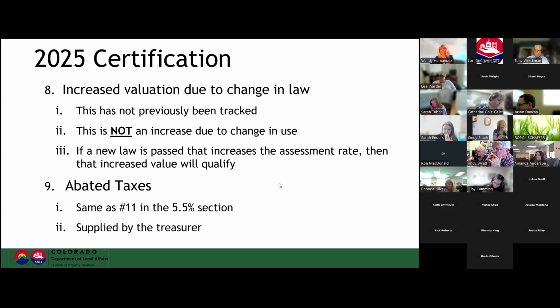But it will be a decrease, not an increase. Yeah, so essentially, if any new legislation happens that would cause an increase in value, then that difference would need to be tracked.